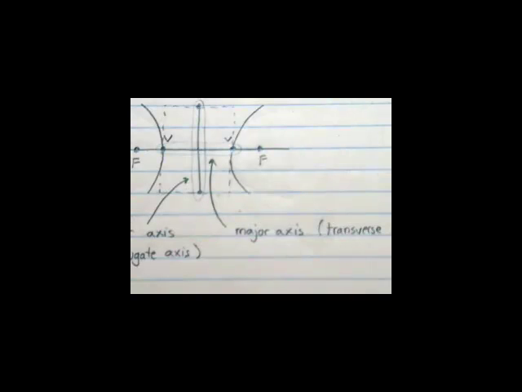I don't know why there's a need to change it. Maybe you can Google it, or I'll research it and find out, but I never really had much motivation to figure out why. I'm just letting you know, so when you come across something like the semi-conjugate axis or the semi-transverse axis, half the transverse, half the conjugate, they're going to use that as well.